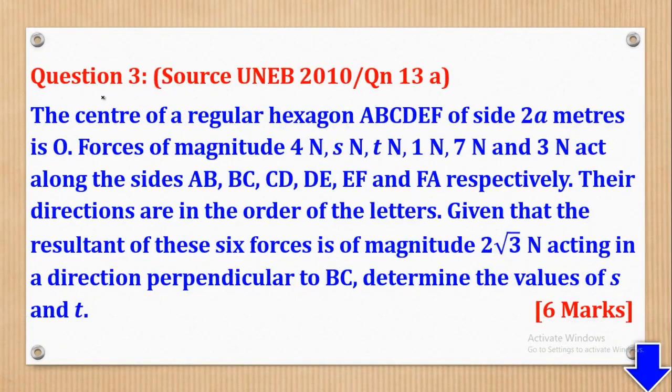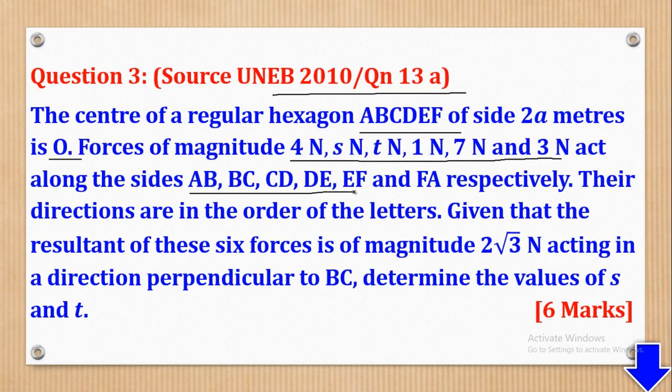Now we shall go to question 3. Question 3 came from UNEB 2010, paper 2, question 13a, and it says, the center of a regular hexagon ABCDEF of sides 2a meters is O. Forces of magnitude 4, S, T, 1, 7, and 3 act along AB, BC, CD, DE, EF, and FA respectively.